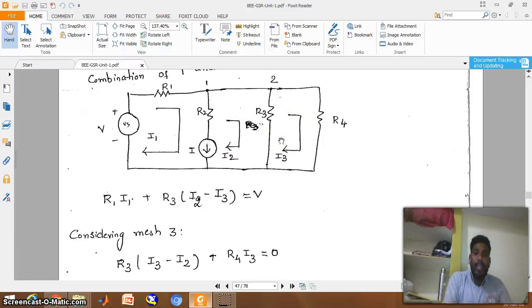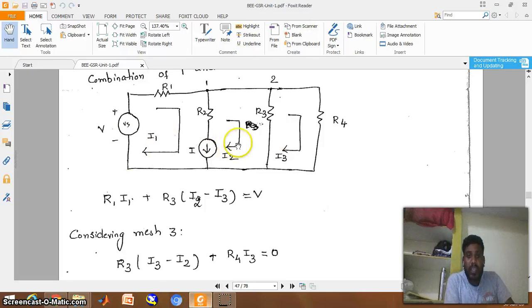Next, in mesh analysis, we apply KVL. We would apply it in loop 1, but loop 1 and loop 2 are connected to a common current source. At a current source we can't write the voltage value. That's the reason mesh 1 and mesh 2 are treated as a supermesh.